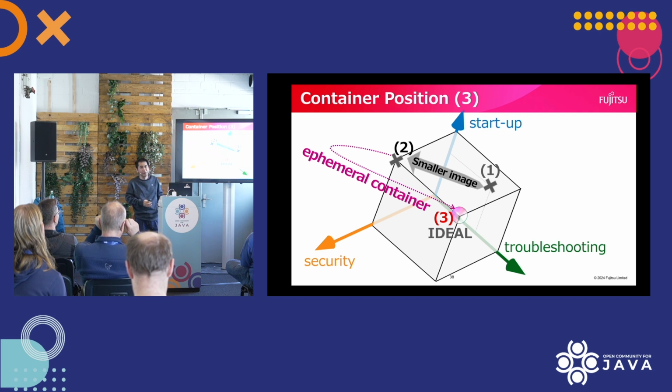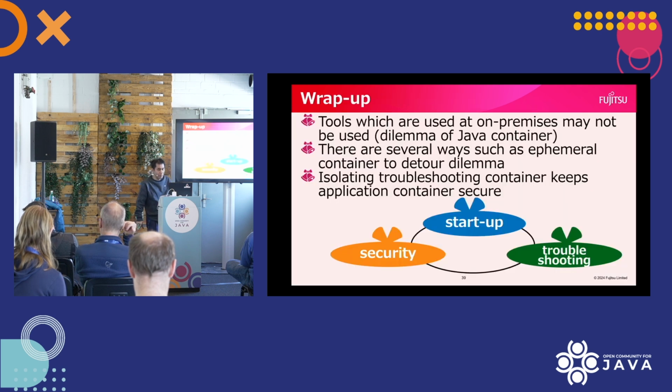So this is the final version of the graph. Finally, we reach the ideal position by using ephemeral container. So the three requirements, startup time, security, and troubleshooting, are satisfied, finally. So, wrap up. At first, I introduced a kind of dilemma of Java containers. It is difficult to satisfy three requirements: security, startup time, and troubleshooting.